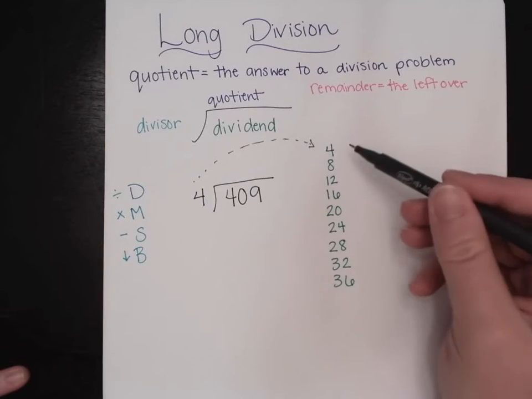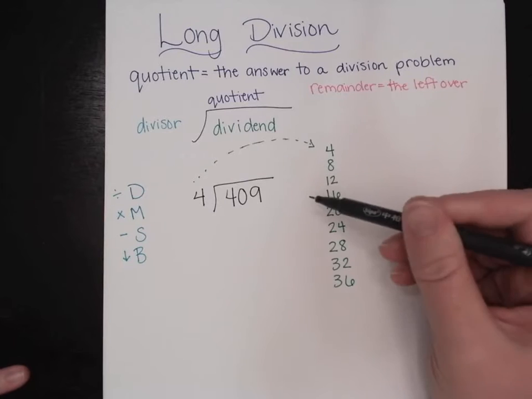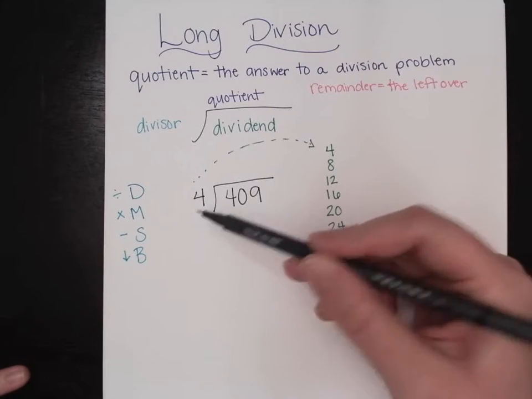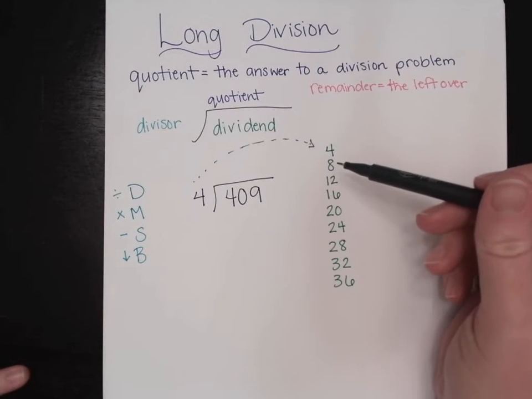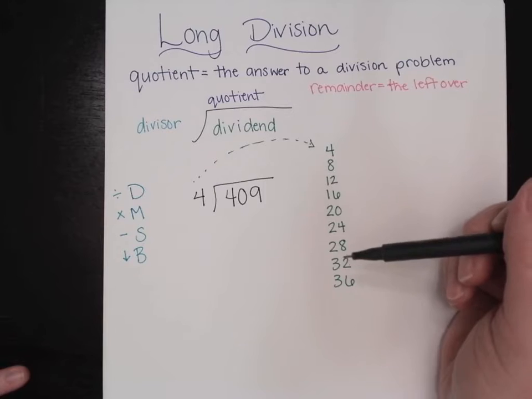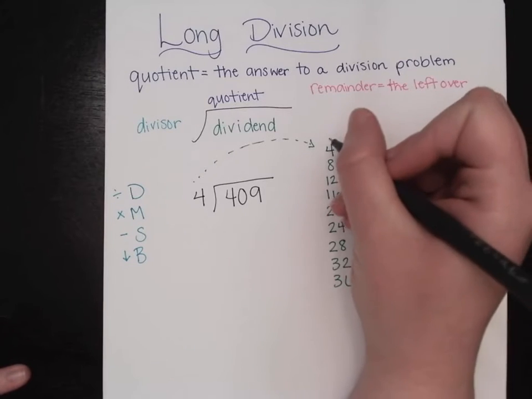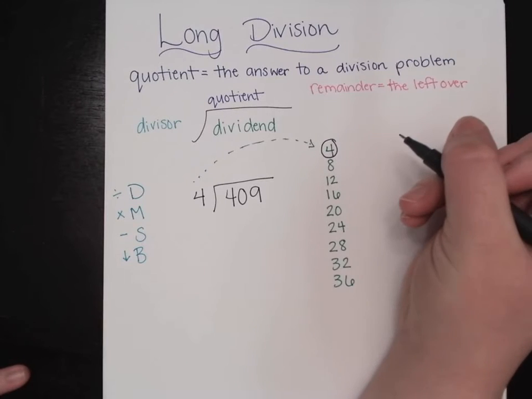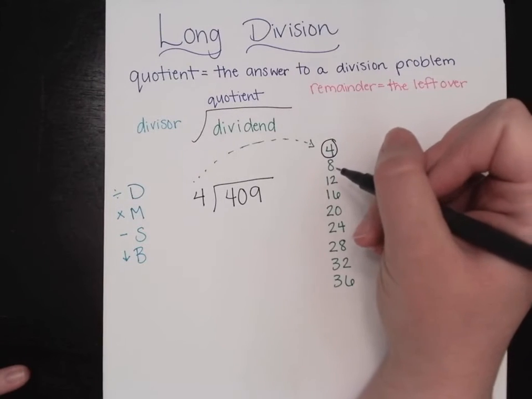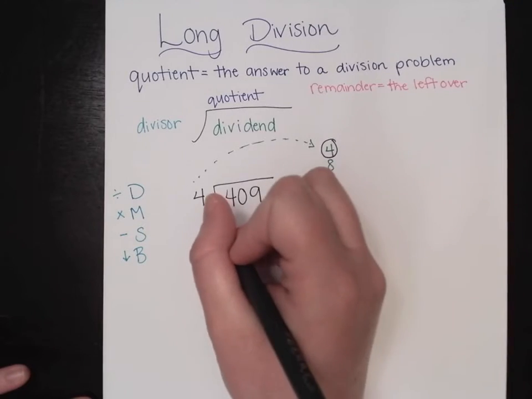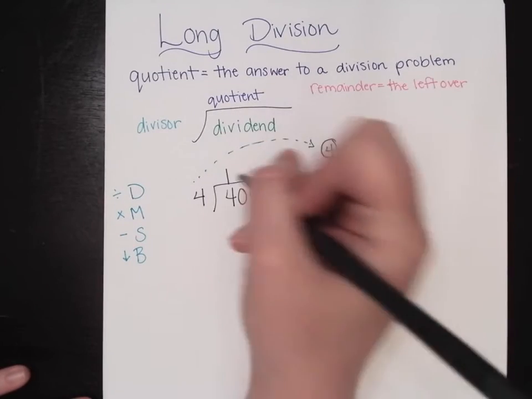So I come to my list, and I look through, I want to get as close to my divisor, so 4, as I possibly can. Remember, it can be 4, it just can't go higher than the divisor. So I get to my list, and I'm going to circle 4, because as close as I can go to 4 is 1 time. So 4 goes into 4 1 time.